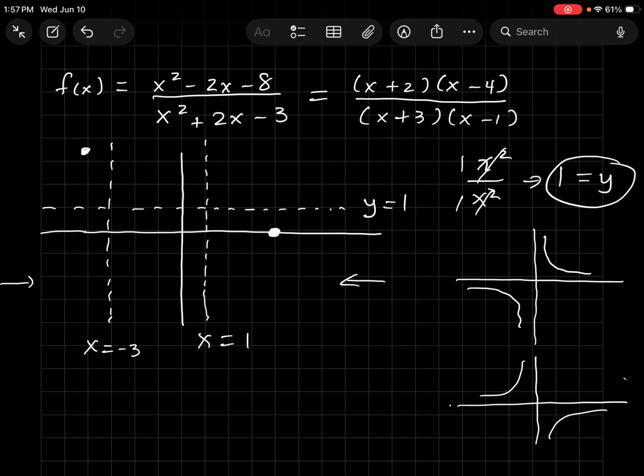So if I have this point over here at 4, 0, and use my asymptotes as guides, I know that the graph will look like that. Furthermore, I know what it will look like across from it, because it really wants to look like one of these graphs. So it's going to look something like this.